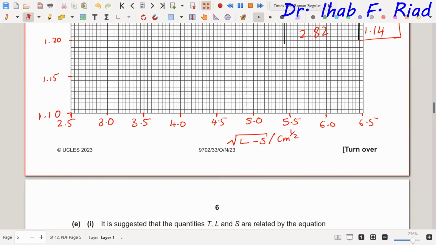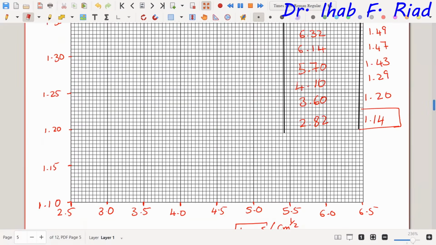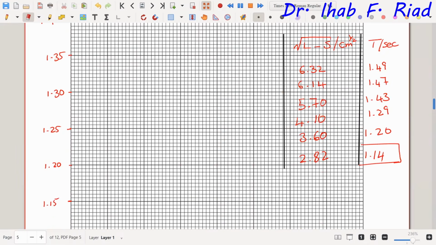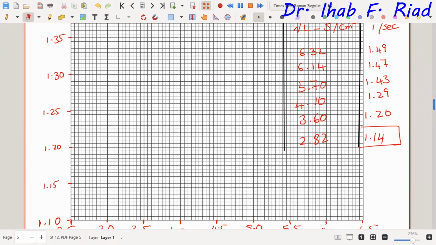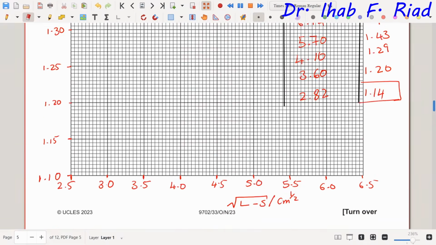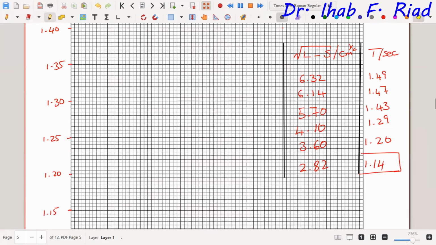Okay, so now we go to this part where we are going to represent our data. The first one on the x-axis is 6.32, and on the y-axis it is going to be 1.49.